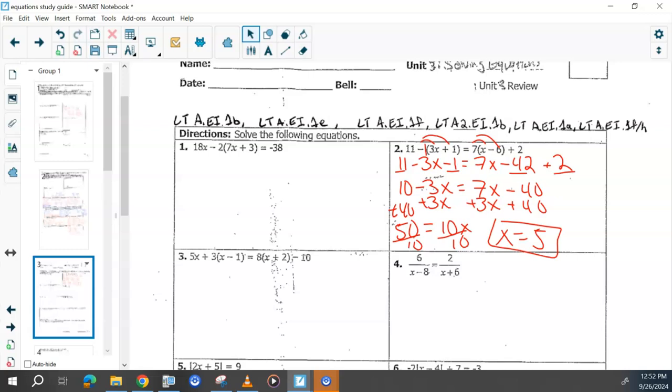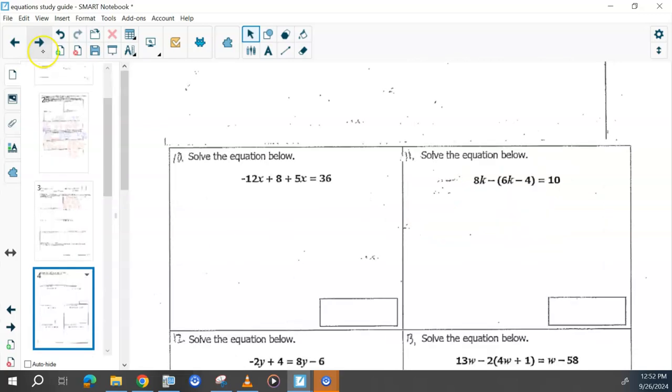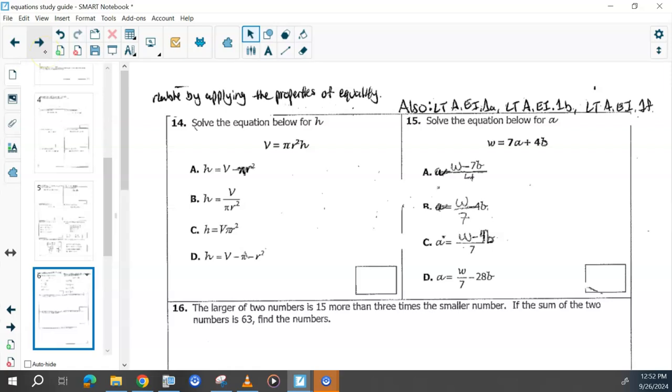Page 6, number what? So we're at 14, you said? Okay. In 14, we're solving this for h.